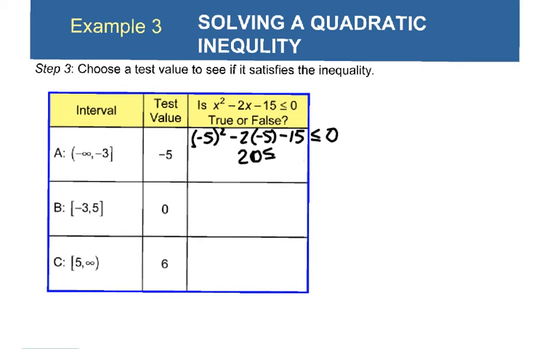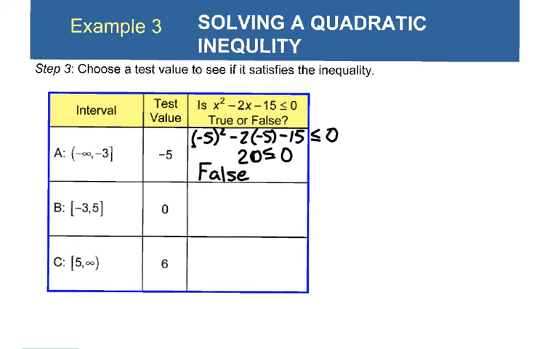Now, 20 is less than or equal to 0. That is not a true statement. So this inequality, or this interval right here, is false. So we're not going to choose that interval as our solution to this inequality since it's false.